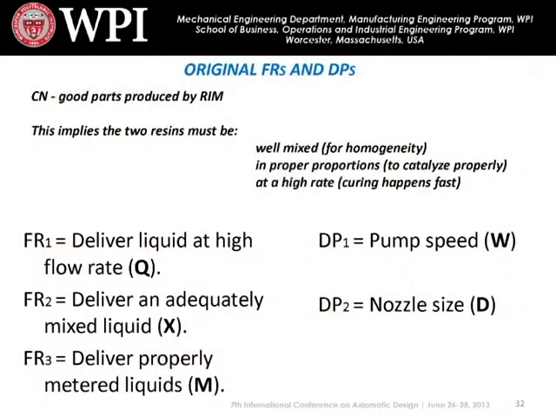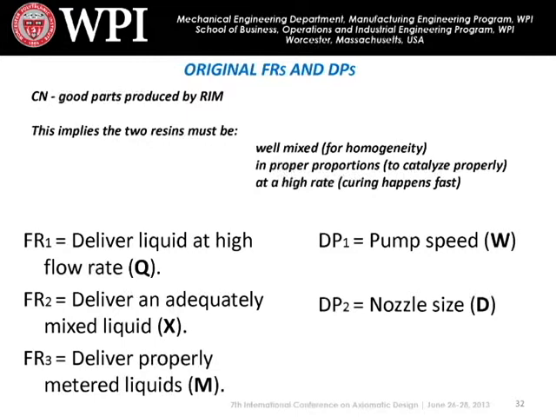Upon examining the FRs for this system, FR1 was to deliver the liquid at a high flow rate, presumably, though his analysis doesn't say why. One reason you could suspect is that high flow rate would mean high productivity, you get a lot of parts.